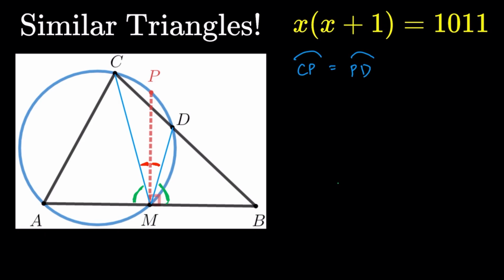Now we could try to use the cyclic quadrilateral condition. AMDC is cyclic based on the figure, so I'm going to call this angle CAM. Angle CAM and this angle CDM should be supplementary because they're opposite angles in a cyclic quadrilateral.